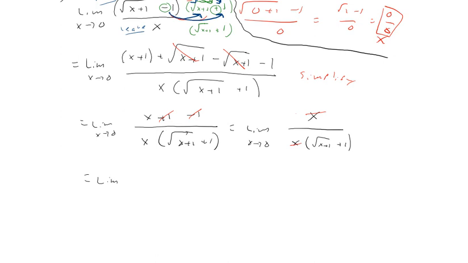Limit as x approaches 0 of 1 over square root x plus 1 plus 1. And now I can plug in. I don't need to write my limit anymore. I'm going to do 1 over square root of 1 plus 1 plus 1. It is 1 over root 2 plus 1. And that's our answer.